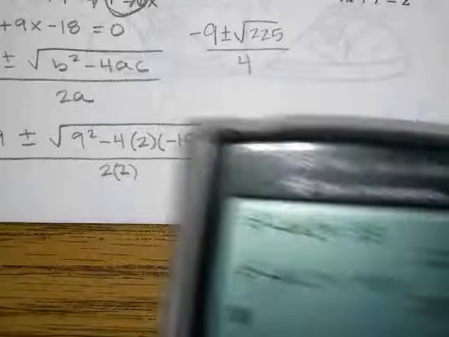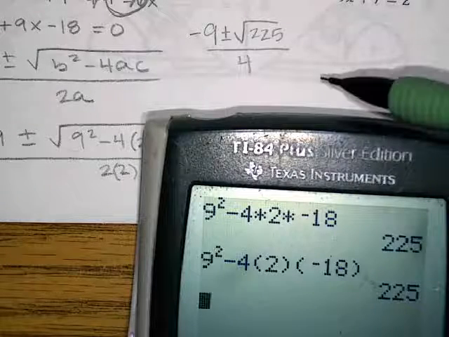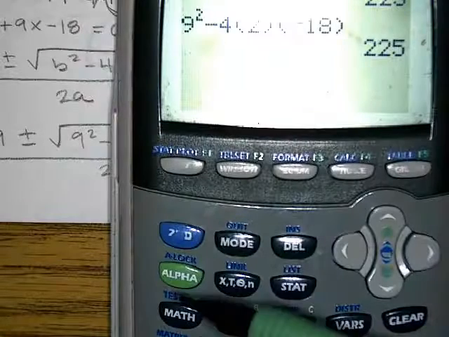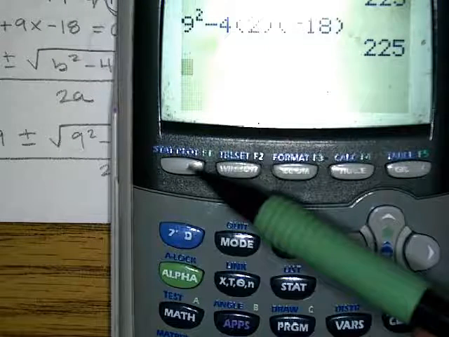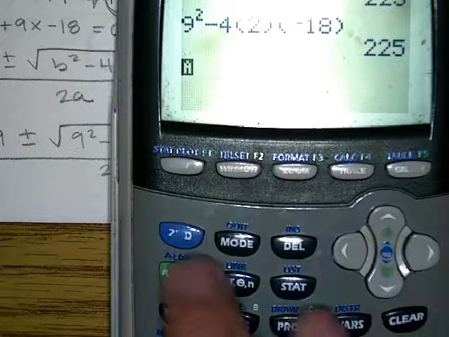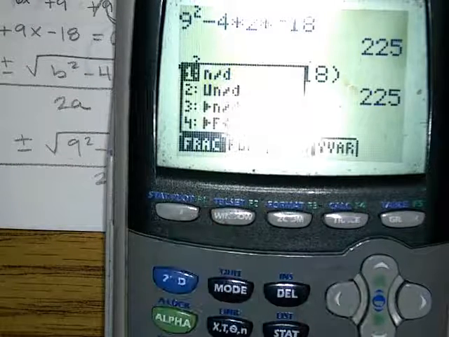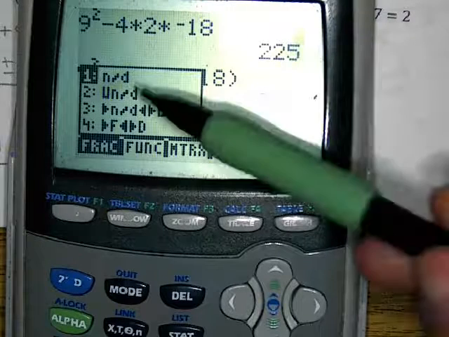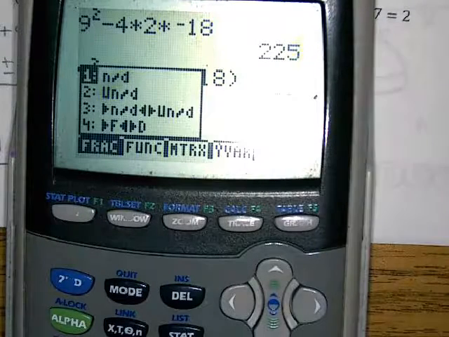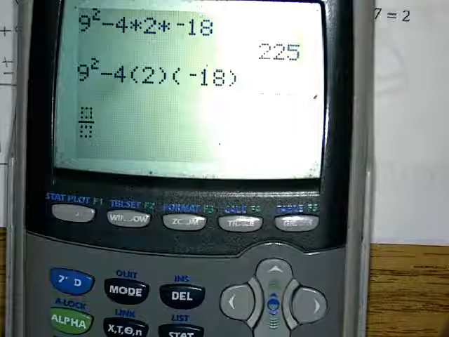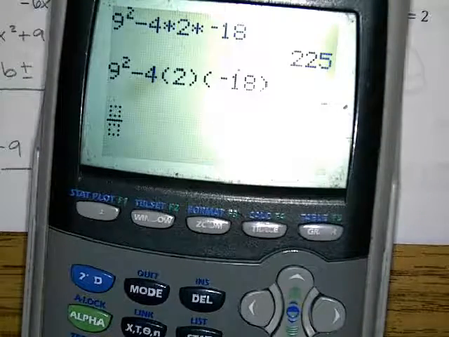So to get a fraction on the calculator screen, you press the green button, and then you press the y equals button. So alpha y equals, and it gives you different ways that you can write fractions. And we're going to do the first one, numerator over denominator. So alpha y equals. Okay, and if you forget that, just ask and I'll tell you again.